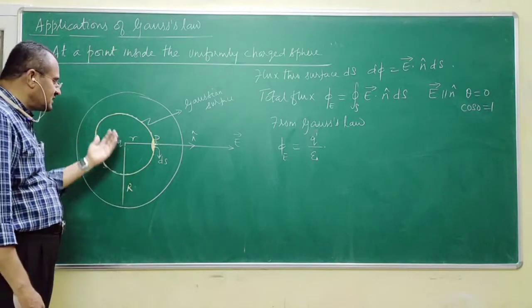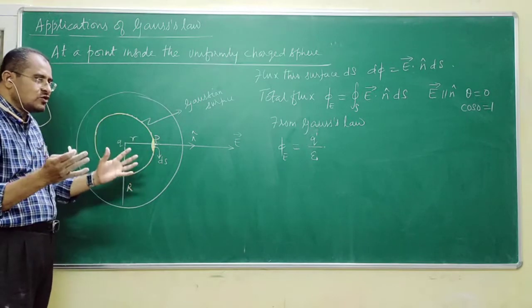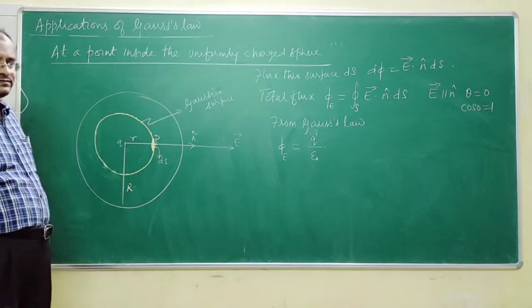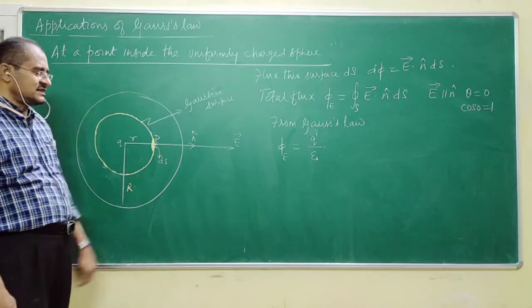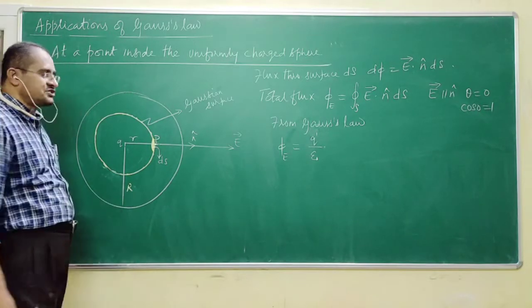The charge within this sphere of radius smaller r can't be Q, it has to be less than Q, and therefore I have written this Q dash. The problem now is we need to find out what is the value of Q dash.